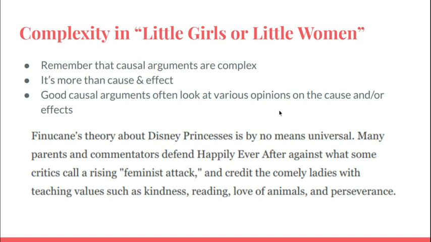So you might see varying opinions, people who agree and disagree throughout the article or the talk, if you're looking at a TED Talk. So here, the author acknowledges that this theory is not universal. Lots of people don't see any problem with this, or they see that there maybe is a problem, but it's not something to take very seriously. So acknowledging that not everybody agrees is another thing that a good causal argument is going to do.